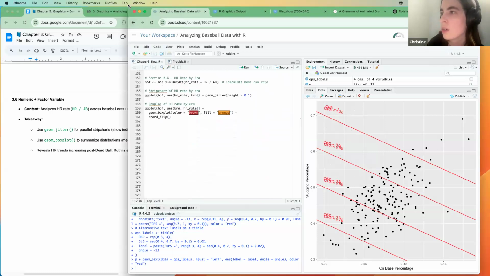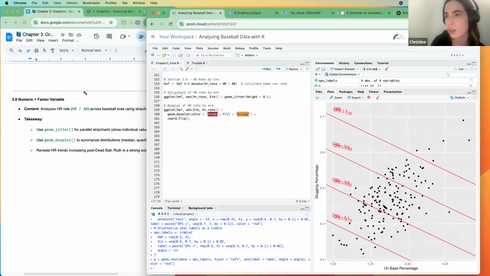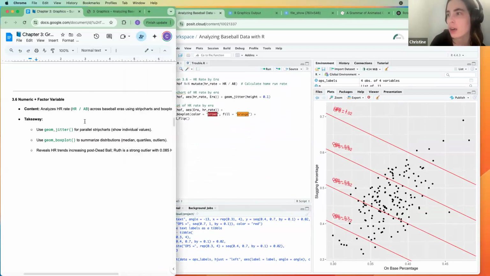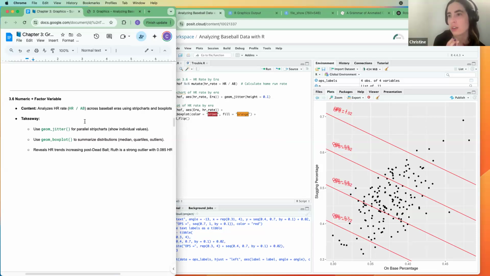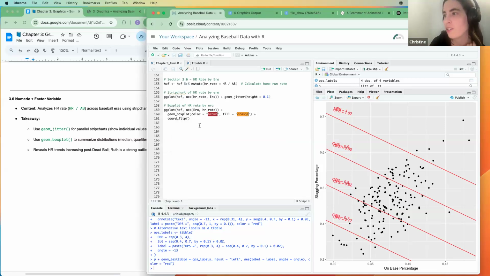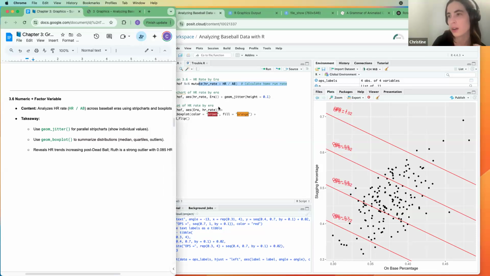And it's pretty interesting to watch, and I'm a newbie, so I've got my newbie hat on, to see a little bit of how things change across eras as a sport matures. So here we get to dive into that more, looking at, I forget what this means, home runs per at bats.